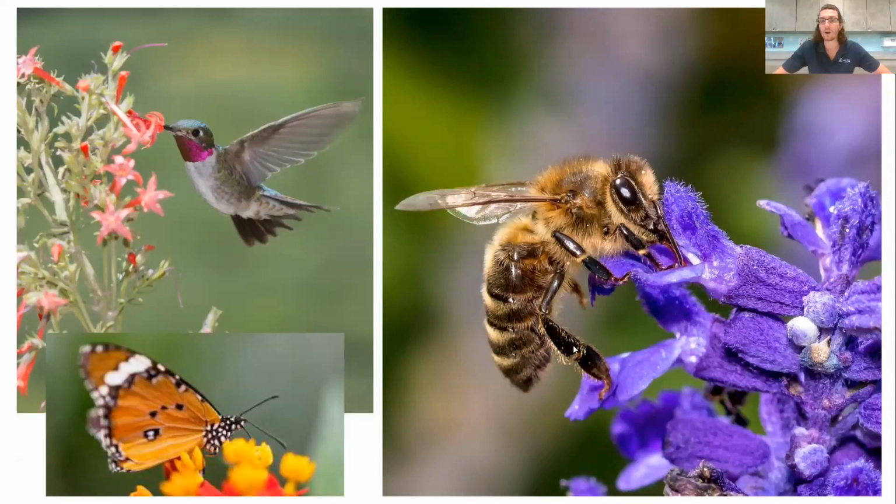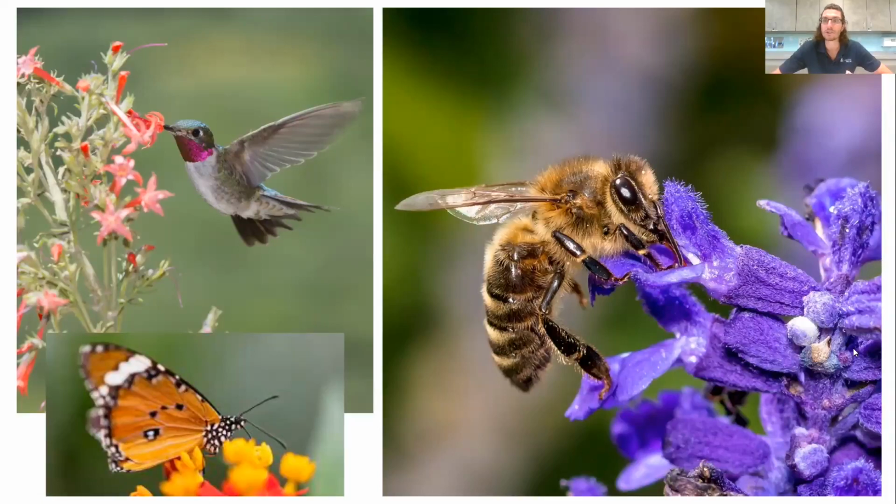And while they're on these flower parts, they're going to pick up that pollen. So remember earlier I was saying pollen is necessary. That's the male reproductive cell that needs to be transferred to the female plant parts or flower parts. And so as these pollinators go from flower to flower, plants are hoping that they're going to transfer pollen from the male parts of the flower to the female parts.